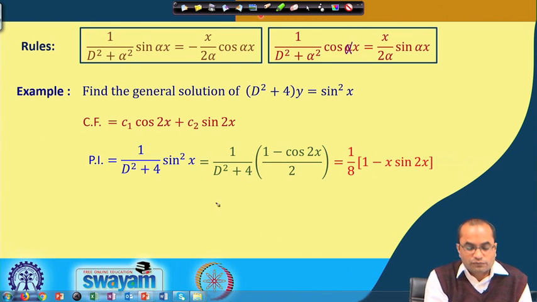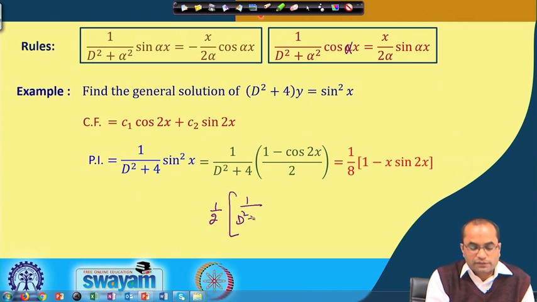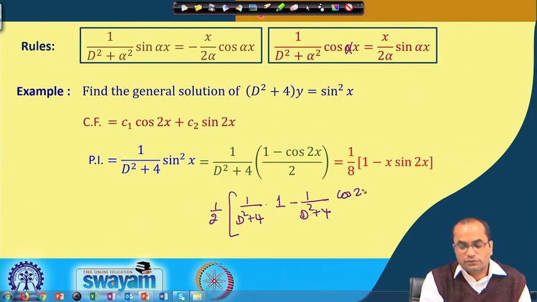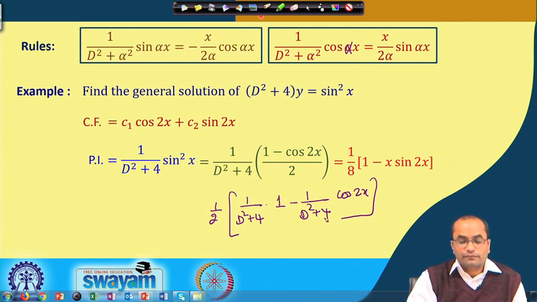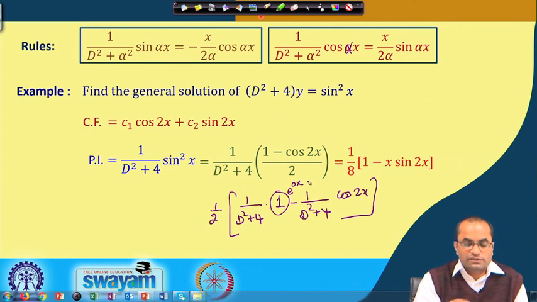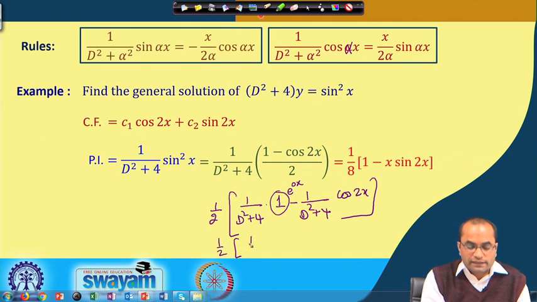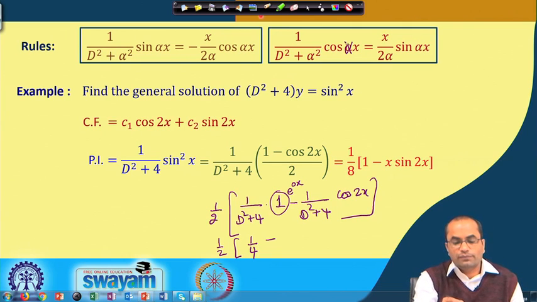So, 1 by 2 we can take out, and we have 1 over D square plus 4 operated on 1 minus 1 over D square plus 4 operated on cos 2x. And for the 1, using the trick we used yesterday, we can take it as exponential 0 x, so D will be replaced by 0. We will get 1 by 4 first, and then for cos 2x we apply 1 over D square plus alpha square.